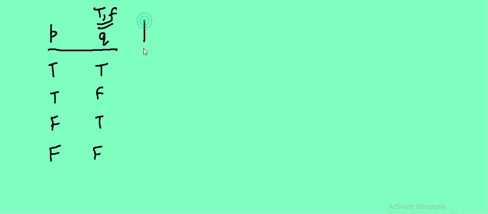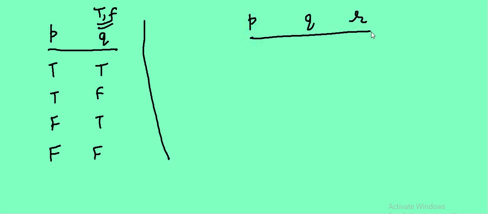And when we have these three propositions P, Q, R, in that case we will have 8 combinations of true or false, because there are three propositions and two values, so it will be 2 cube, 8 possibilities that we can form with true and false.